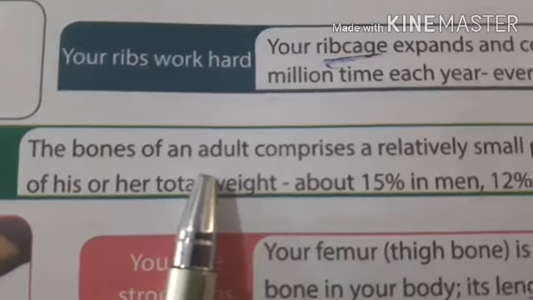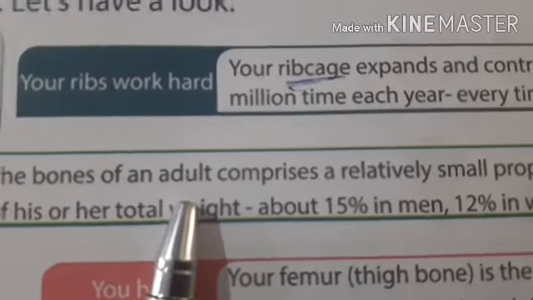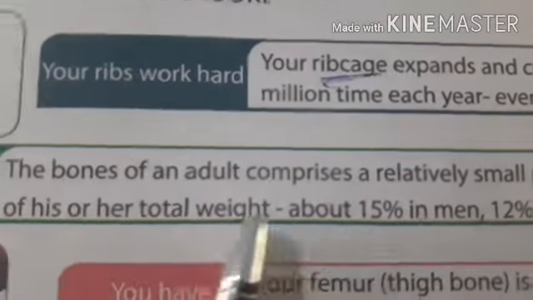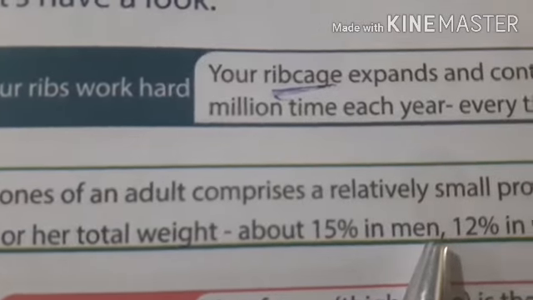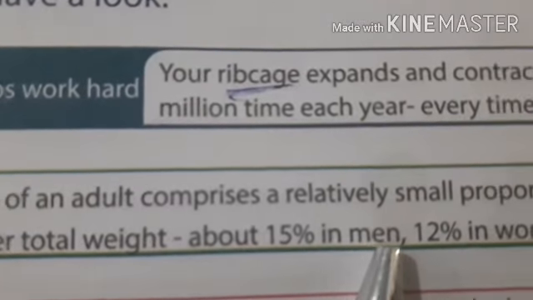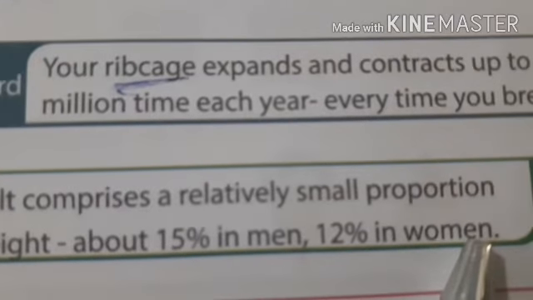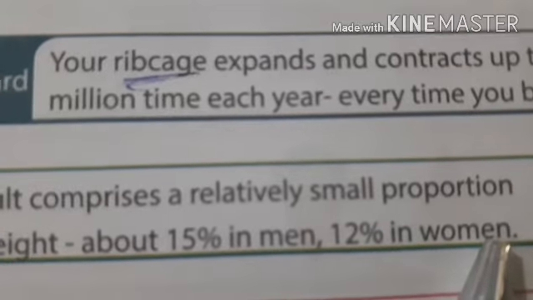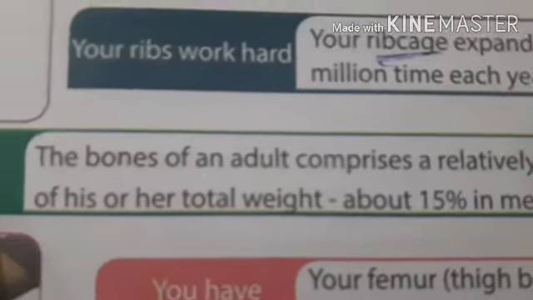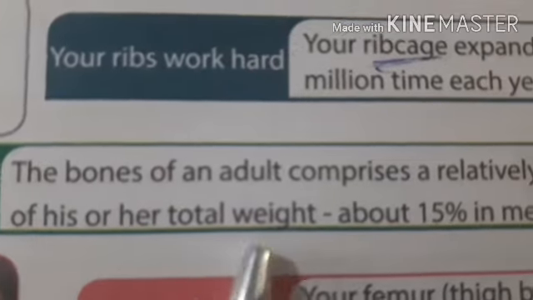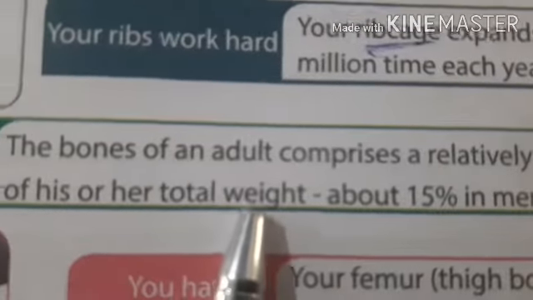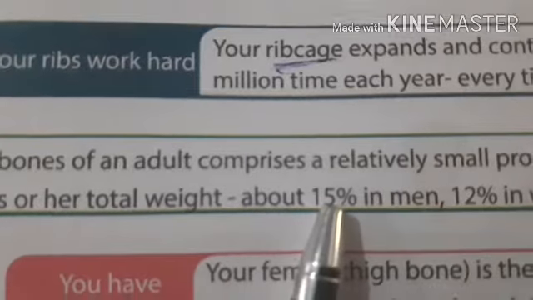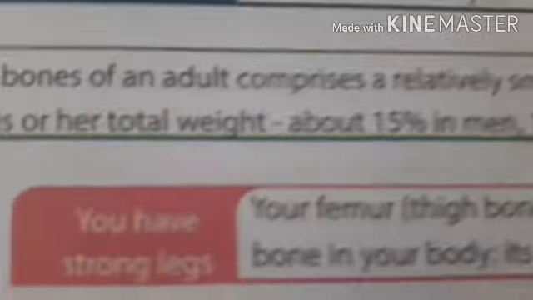Means the bones of an adult make up a small portion of total body weight, like in men it is 15% and in women it is 12%. So bones are light. In men it is 15 and in women it is 12.